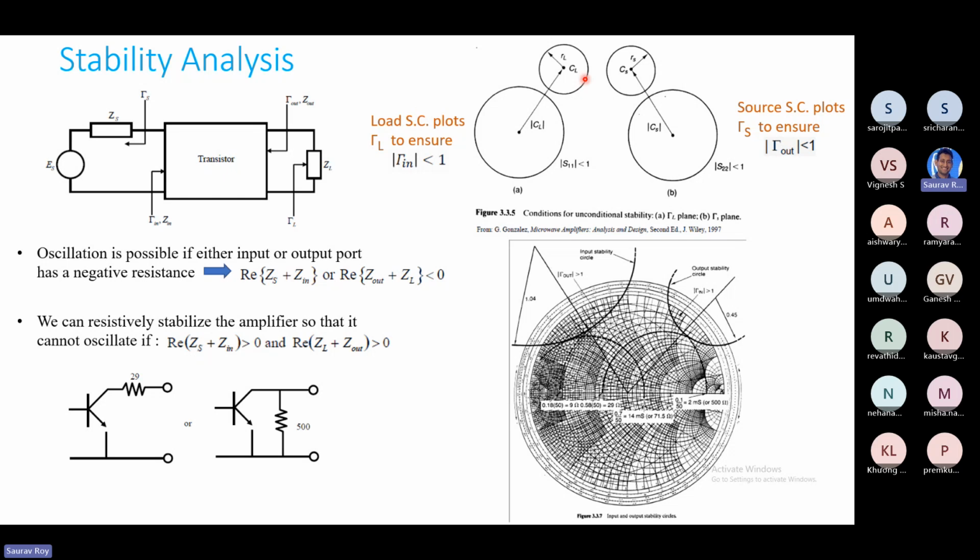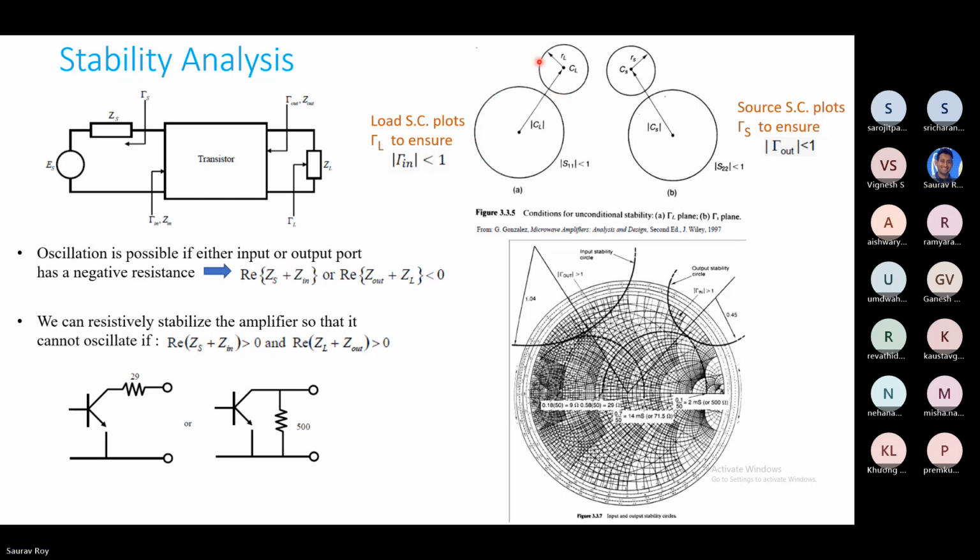For that we find the center and radius, and then we plot it on the gamma input Smith chart. Then we try to find out if there is any overlap between them. If there is overlap, that means there are some zones where it is not stable. If there is no overlap, that means inside this circle, it is unconditionally stable.